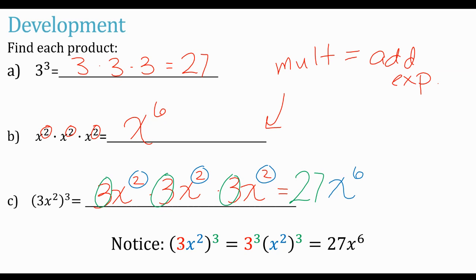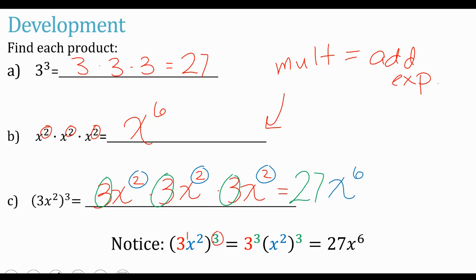So notice 3x squared to the third is the same as 3 to the third, which is what we did in part A, and then x squared to the third, which is part B. And a quick way to do this, if you don't want to write it out 3 times, is this 3 here had an invisible exponent of 1.